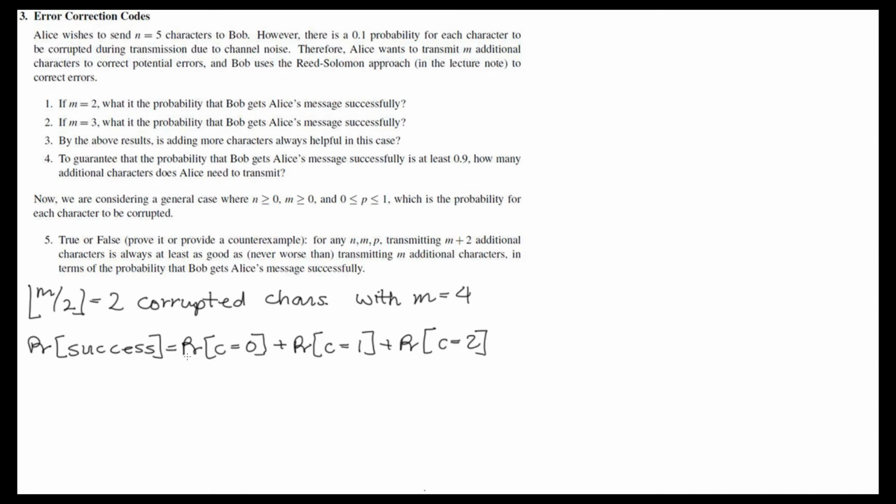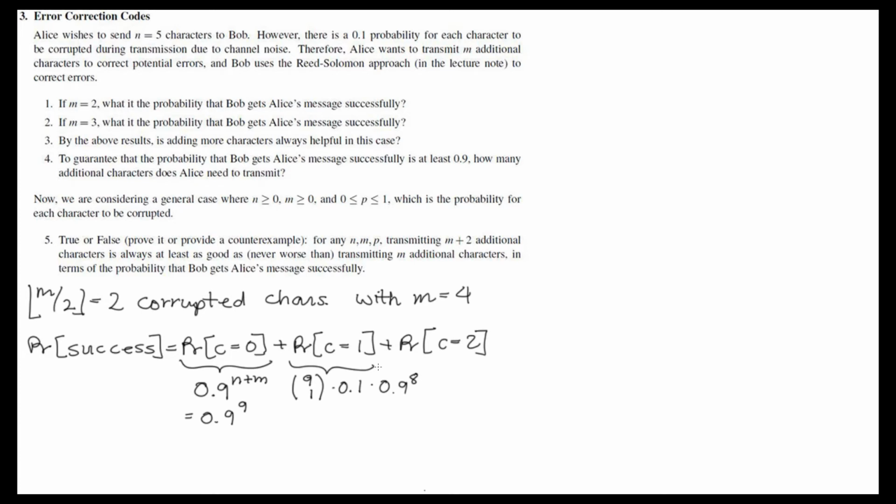So the probability that C equals 0 is again going to be 0.9 to the n plus m, which is 0.9 to the 9th in this case. The probability that C equals 1 is again going to be 9 choose 1 times 0.1 times 0.9 to the 8.